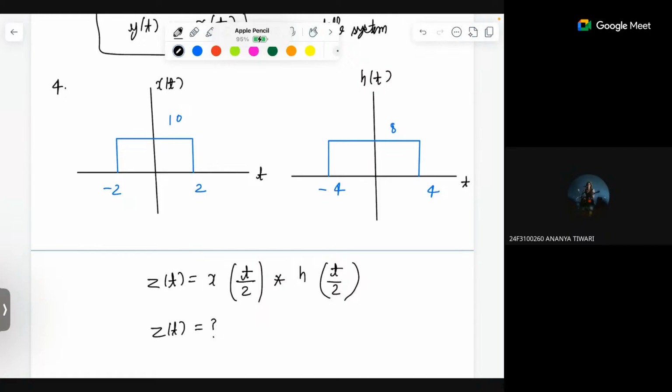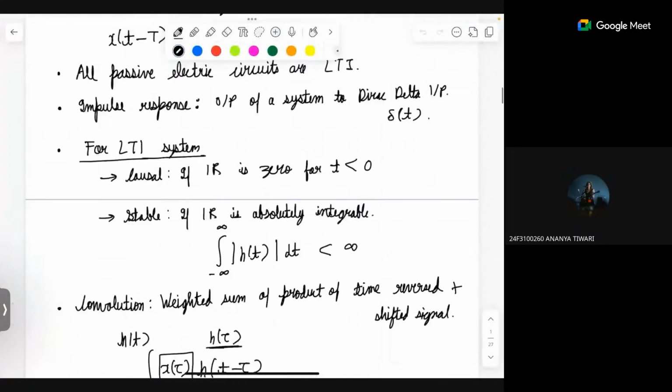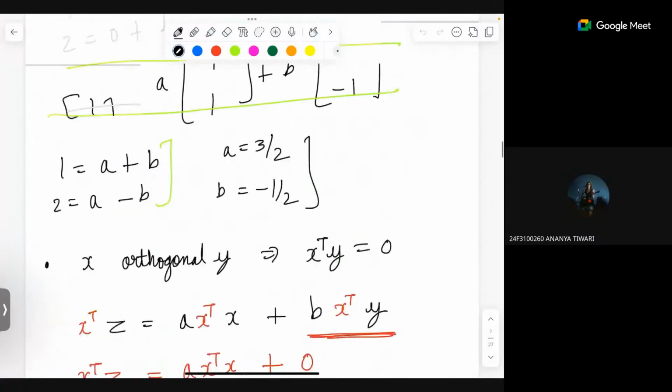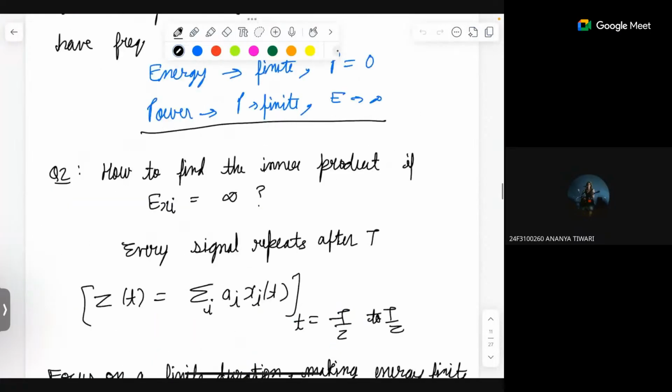Ma'am, can you write that formula once in terms of A and B, because I kind of forgot it. Okay, I will try to copy paste it from that session then. Did I tell that in the end?